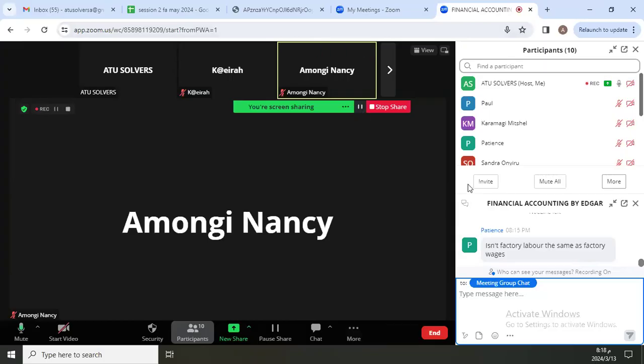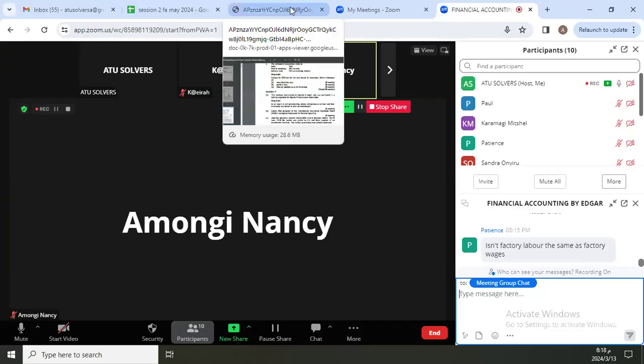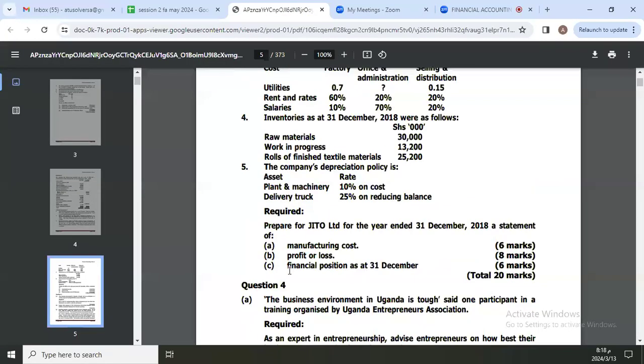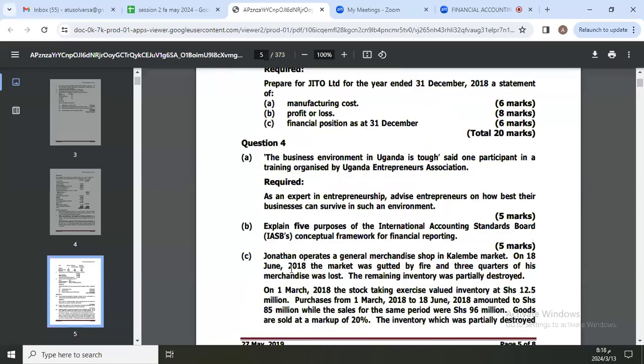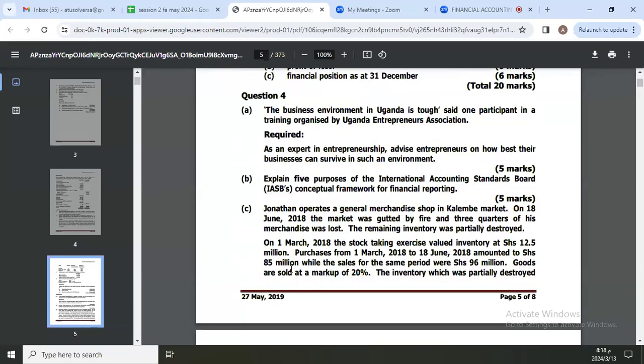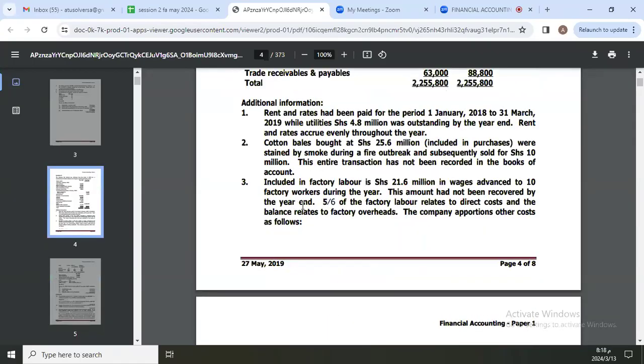It depends on the way the question has been asked, Patience. Because when you see, they are telling us that included in the factory labor is shillings 21.6 million in wages advanced to 10 factory workers.